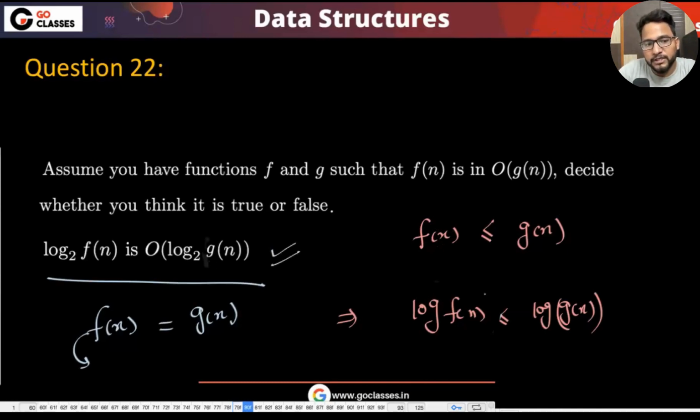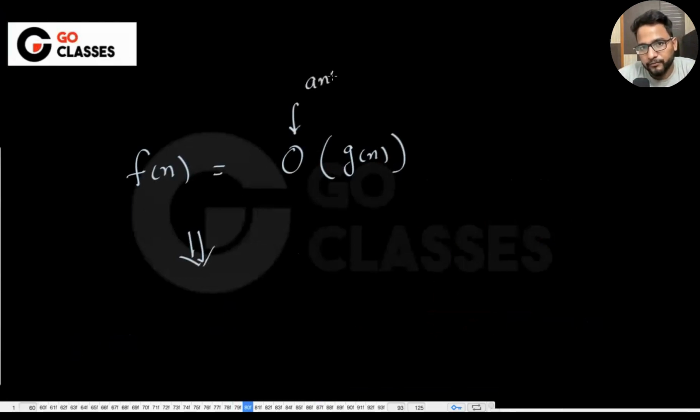Okay. Which means you can say fn equals order of gn, then whatever is the relationship, not just order. Any notation here. Any notation in the sense, just the big notations only.